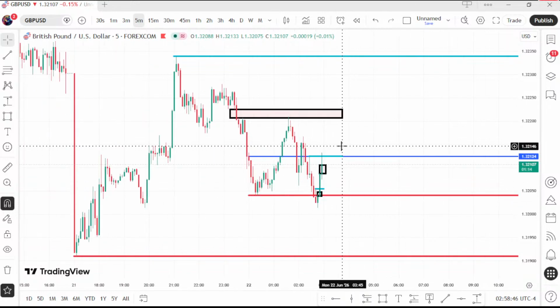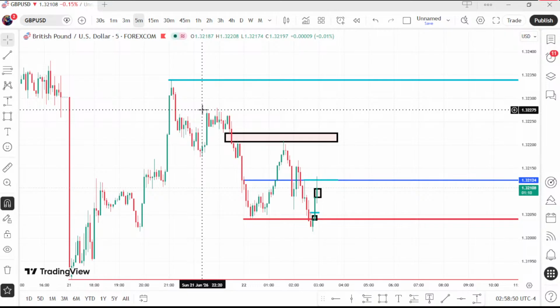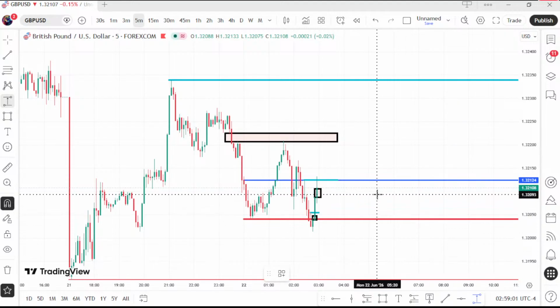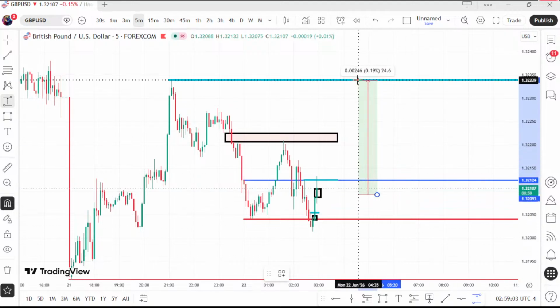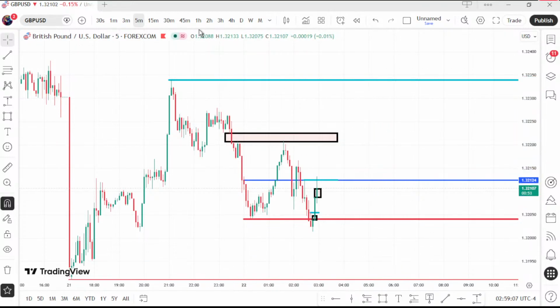So let's see if price will come to these buy side liquidities here. Those are our targets, like those super scalps, but we'll measure what the range is. It's a good range, that 4 pip range.